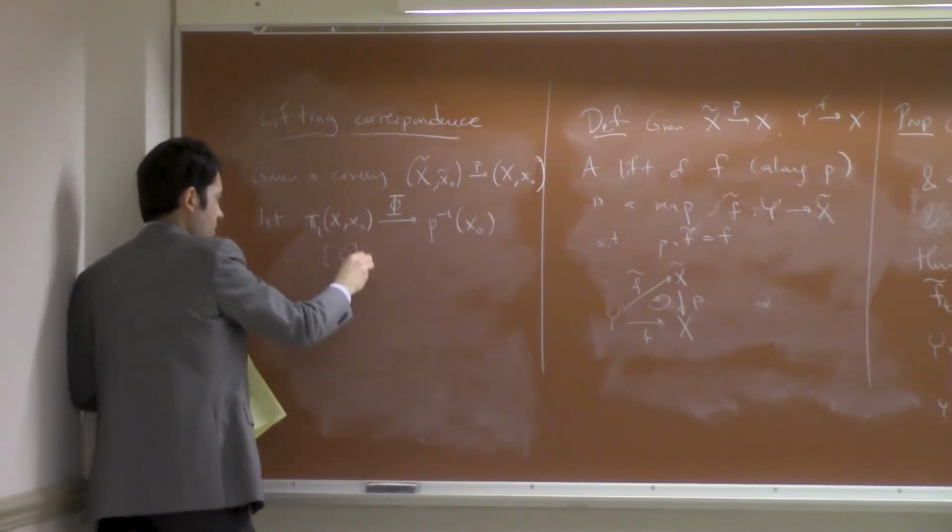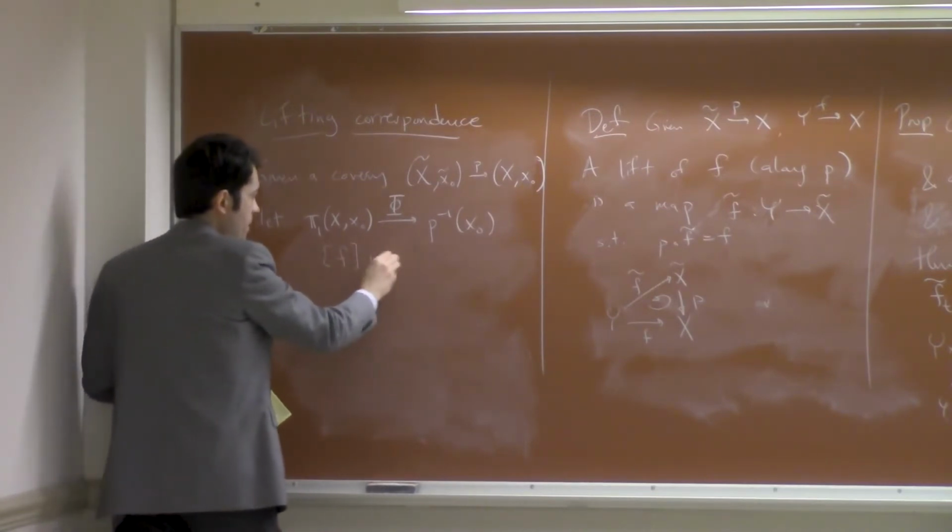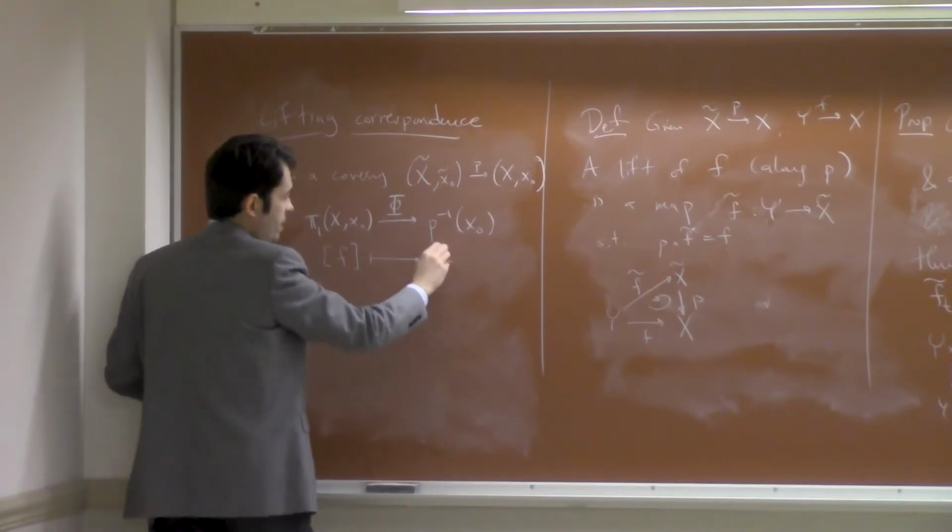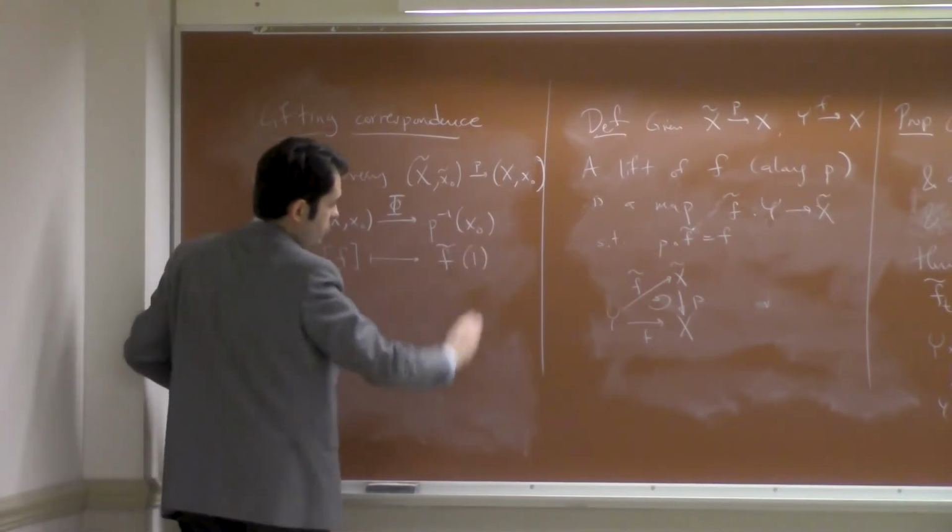So you have a homotopy class here. You pick a representative, lift it up, and look at the right endpoint.